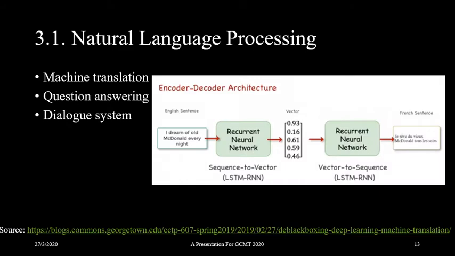Moving on, for information engineering, natural language processing is a branch of computer science where we allow the machine to understand what we say to it, in the form of sound or text.